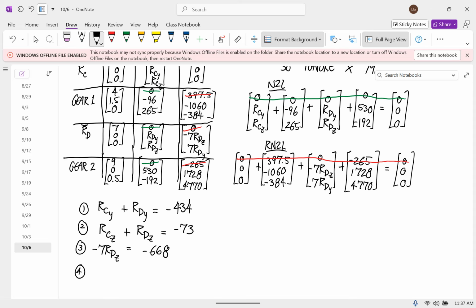And then the fourth equation says 7 RDY is equal to negative 4386.